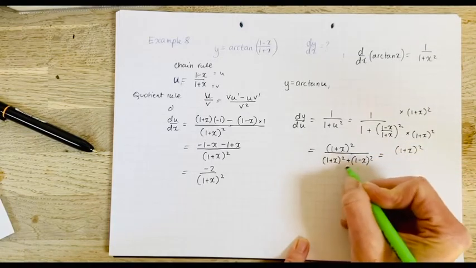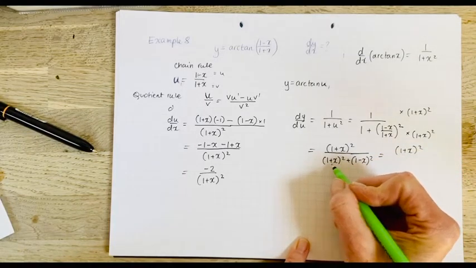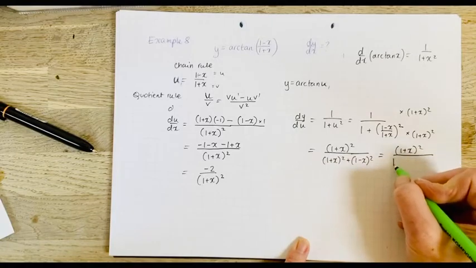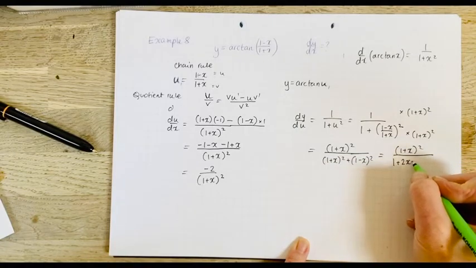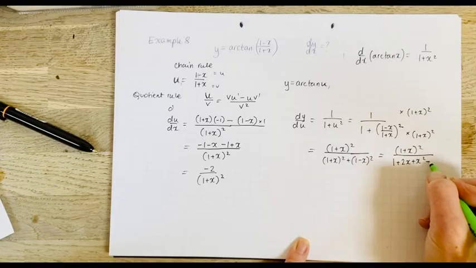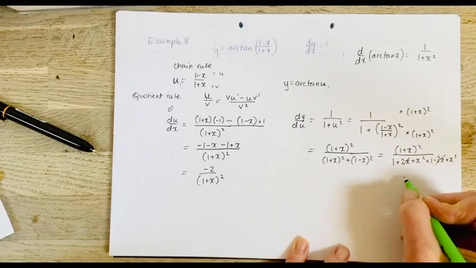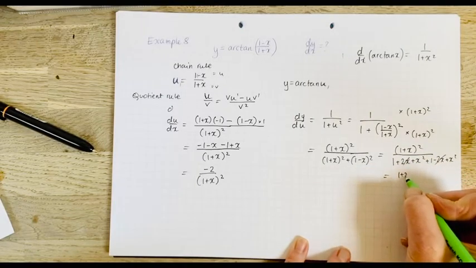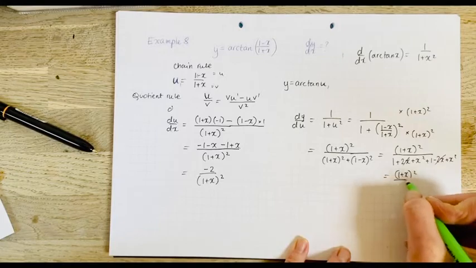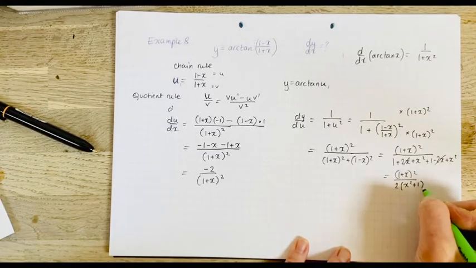I'm afraid we have to expand it, so you're going to have 1 plus 2x plus x squared plus 1 minus 2x plus x squared. The middle terms cancel. You've got 1 plus x squared over 2x squared plus 1.